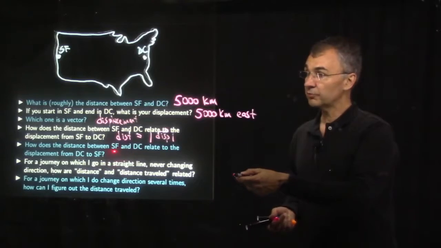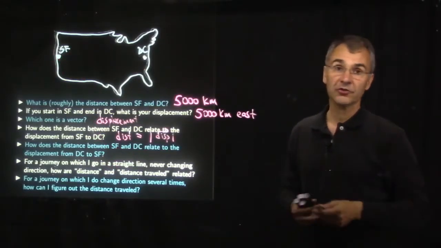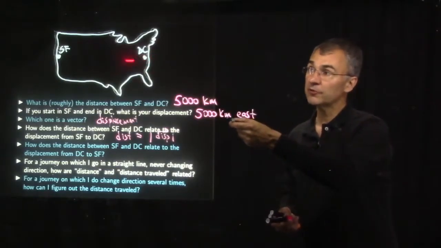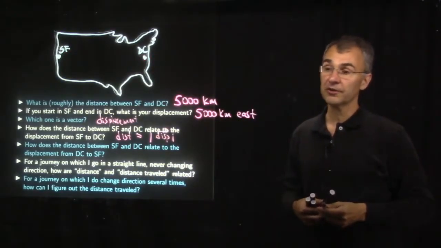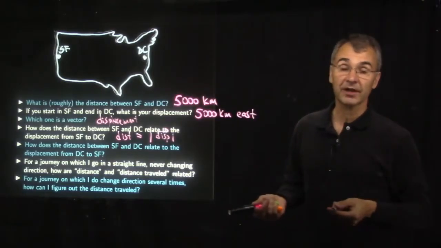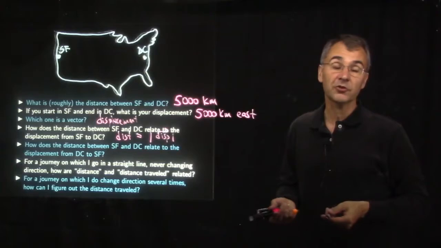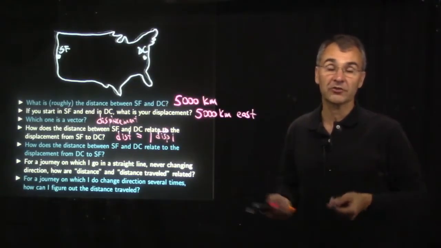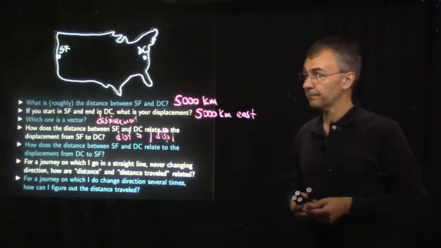But the displacement from San Francisco to DC is 5,000 kilometers east. The displacement from DC to San Francisco is 5,000 kilometers west, which you could also call negative 5,000 kilometers east if you happen to have chosen your x-axis to point east and maybe you want to do things in terms of the x-axis.